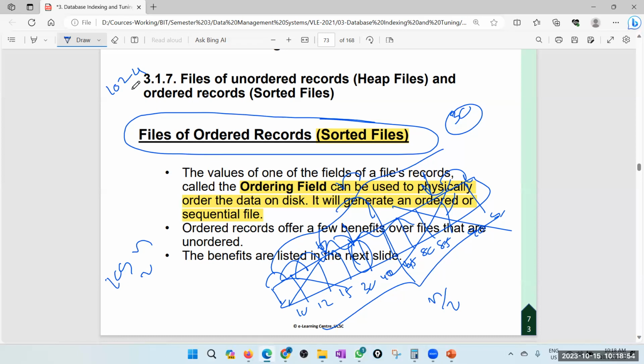In the worst case, if you have to do a linear search in a heap file, I find it at the 1,024th search, because I am looking at the first one, second one, third one, fourth one. Right? But if I do a binary search, because it is sorted, I get the result in the worst case also in log 1,024, and you know that is log 2 to the power 10, that is 10.